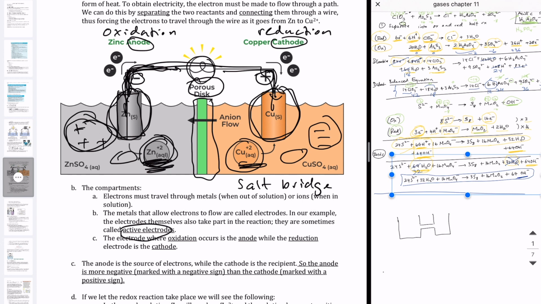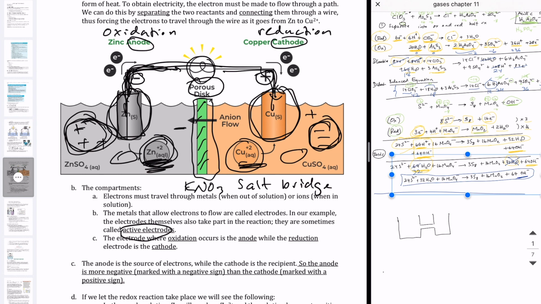In order to make this movement continuous, you have to balance out the charges. So in other words, for every positive that's generated, there has to be a negative ion that is able to neutralize that. And for every negative ion here, there has to be a positive ion that's able to neutralize that. The way we do that is we put in between these two compartments a disk that's made up of some kind of ionic compound.